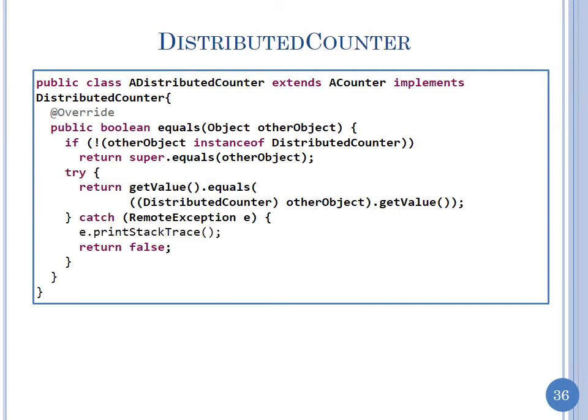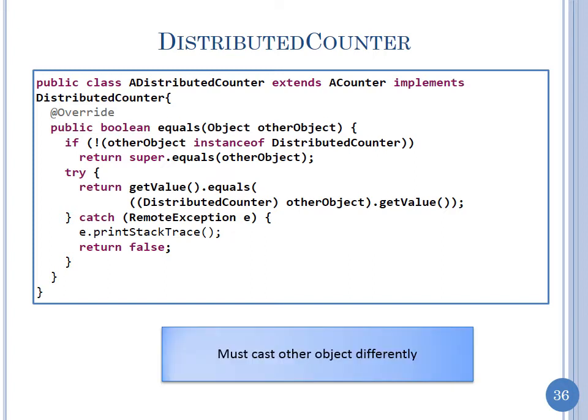Otherwise, it's very symmetric to what we did before. We cast the object to a distributed counter, and since we are casting it to a distributed counter, we catch the remote exception and handle the remote case. This just shows you how a remote call differs from a local call. So the only difference is that we must cast the other object differently, and as a result also catch the exception.